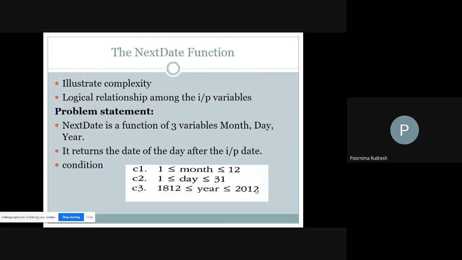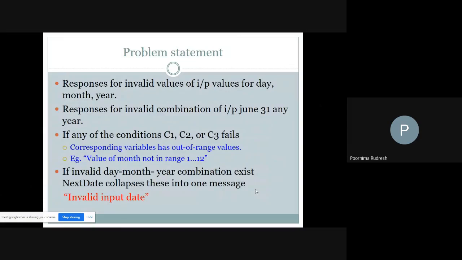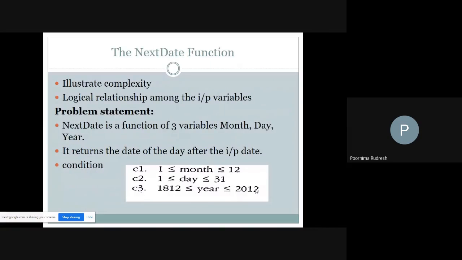Here three conditions are defined, C1, C2 and C3, for days, months and years. Next, how are we treating the invalid input values? If the input is greater than 12 for the month, greater than 31 for the day, and greater than 2012 or less than 1812 for the year, then we say that it is an invalid input date.